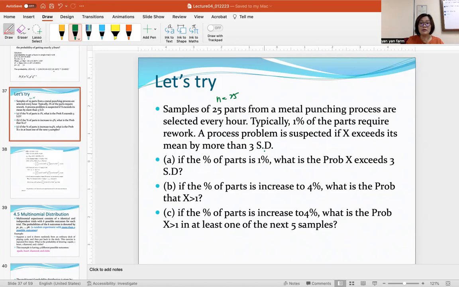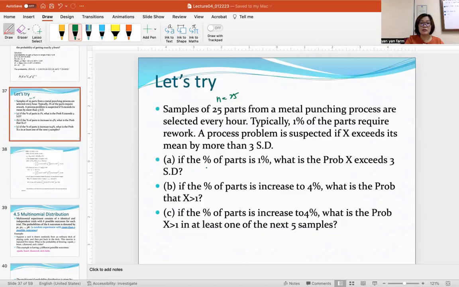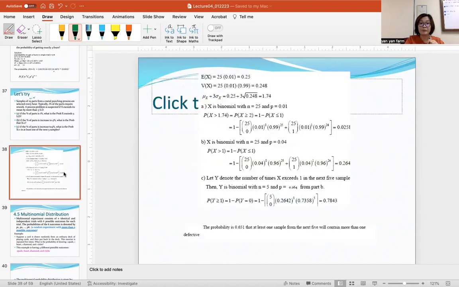Normally we deal with 1 standard deviation, but in this case, we are looking at 3 standard deviations. Like I mentioned to you, because n is equal to 25, we are not going to use Bernoulli, but we are going to use binomial.